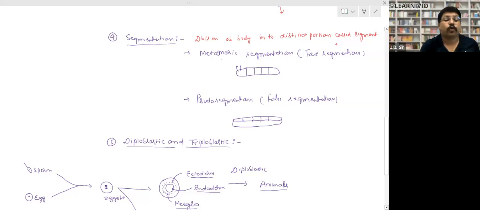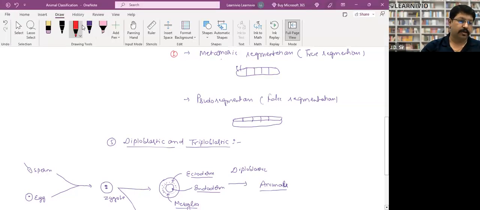It may be of two types. First, metameric segmentation. Let me write it down more clearly.